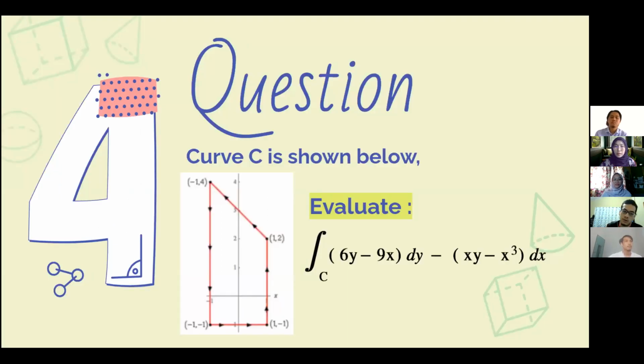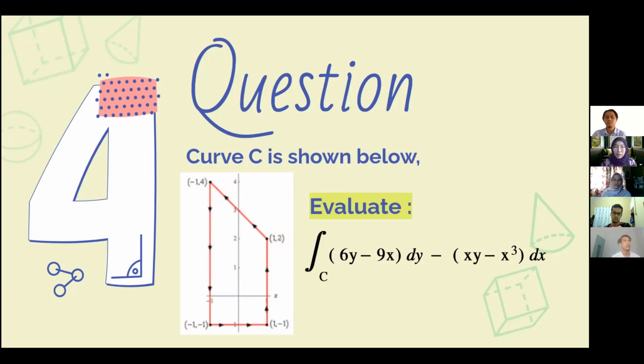Okay, for question 4, the question asks: the curve C is shown below, which is the shape of a trapezium. Evaluate the integral on C of (6y minus 9x) dy minus (xy minus x cubed) dx.